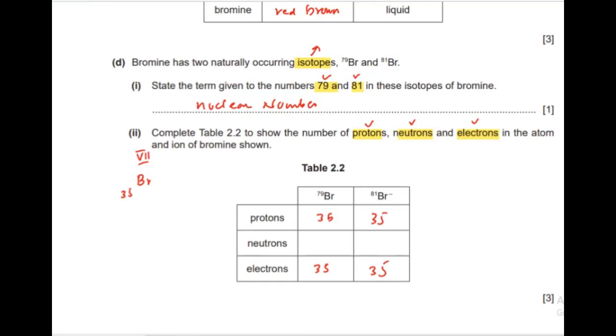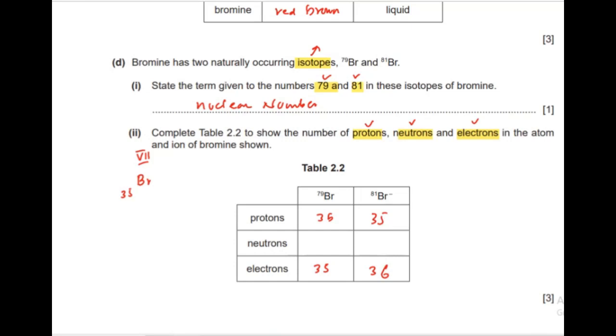Okay, students, you have to be careful while writing the number of electrons. Here is a mistake: if you look at the Br, this is not Br, this is Br negative. So that's why it has 36 electrons instead of 35. Now we can find the number of neutrons by subtracting the proton number from the nucleon number.